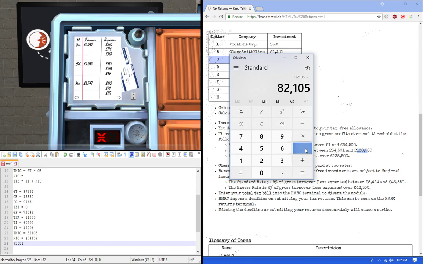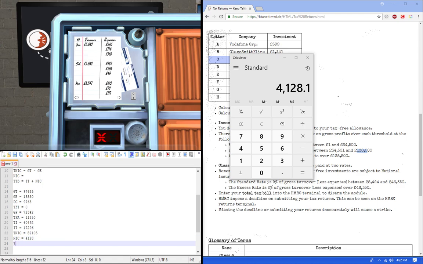And we just subtract that by the entire 46,350. This leaves us with 35,755. We gotta take this 35,755 and rate it at 2%. We get 715. We're gonna take our 715 and add it to our 3,413. Okay, and then we get a total of 4,128.